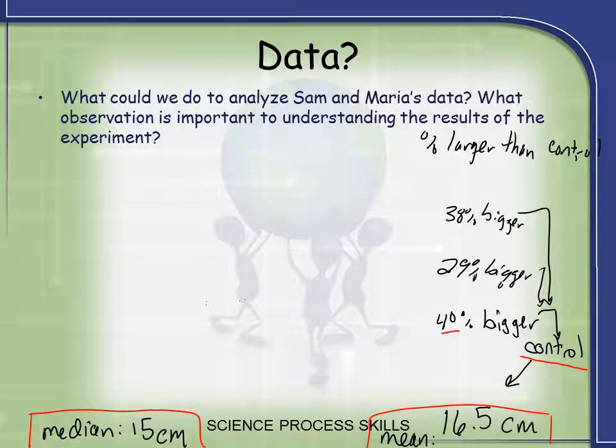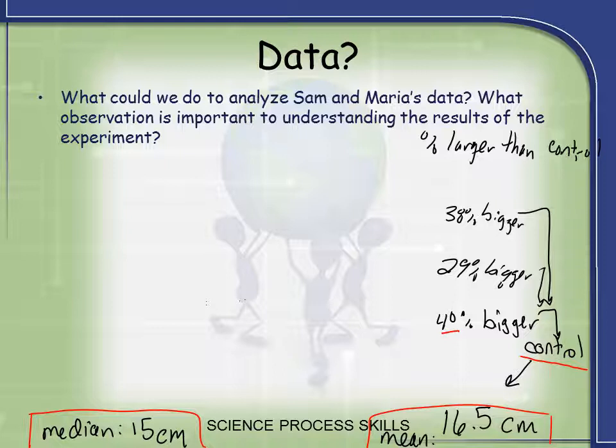And the last thing we want to think about is our data itself, right? We got some information from the end of our experiment in our dependent variable. So what could we do to analyze Sam and Maria's data? What observations can we get from the experiment? On the screen there, I have written some things. If we compare everything to our plant D, that was our control, we can see that the median plant growth, median being the middle number, was 15 centimeters, and the mean was 16.5 centimeters.